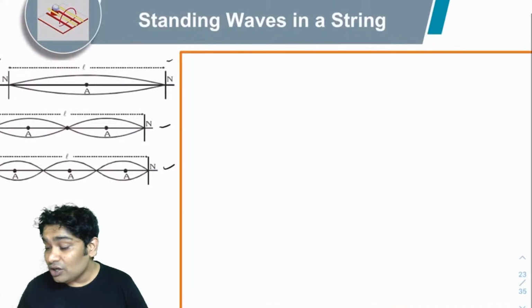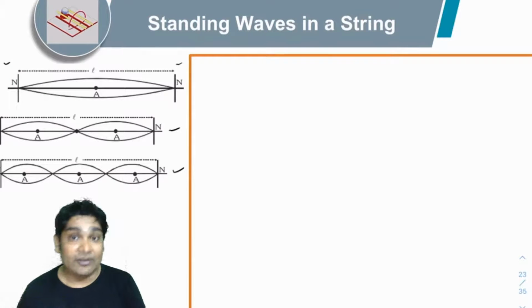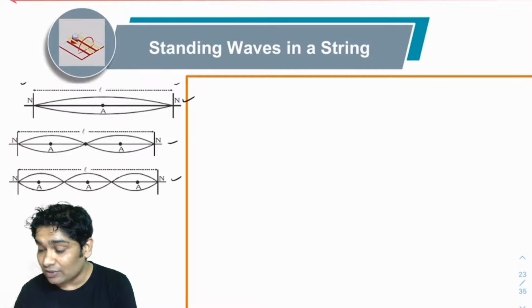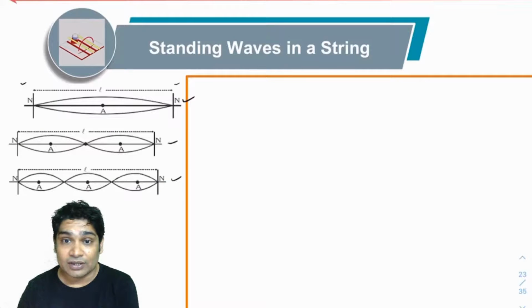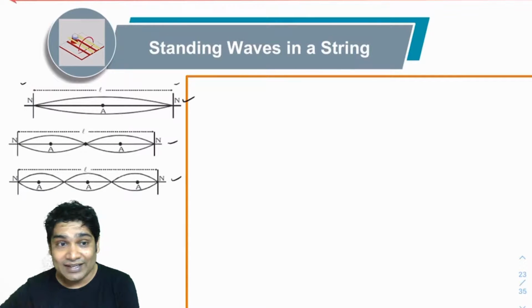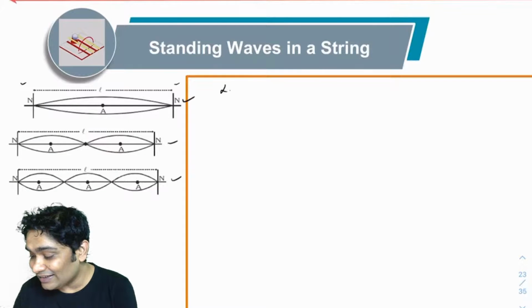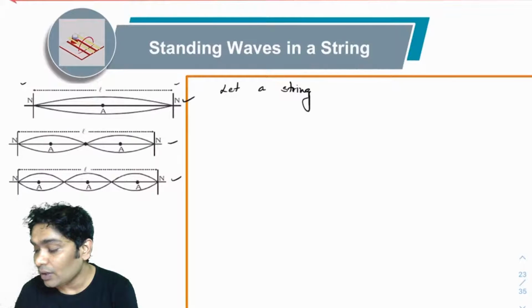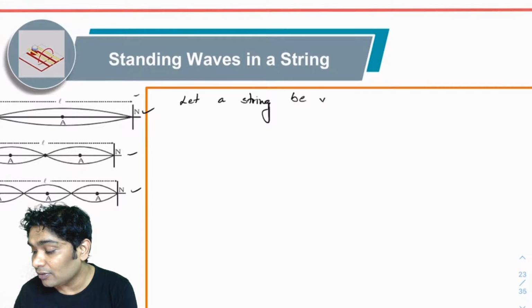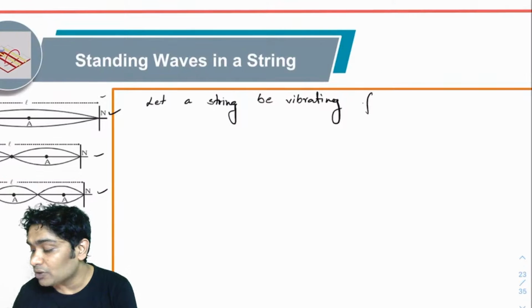So if suppose it is vibrating in this first mode of vibration, if suppose it is vibrating with n loops. So let a string be vibrating forming n loops.